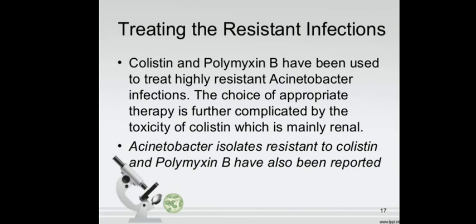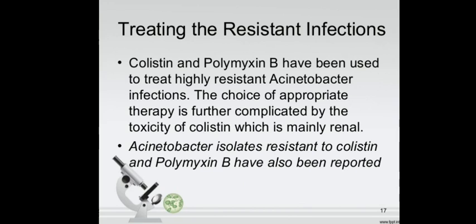But the choice of appropriate therapy is also a complication, because colistin is slightly toxic to the renal system of the patient. If it is given to a patient, it can cause a toxic effect, so generally it is not used on a larger scale.